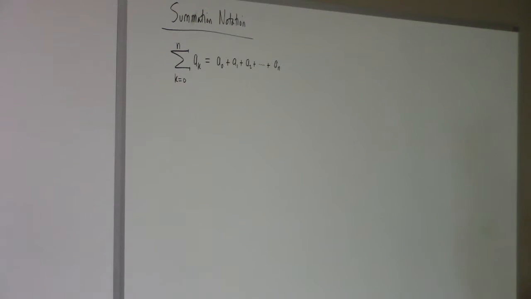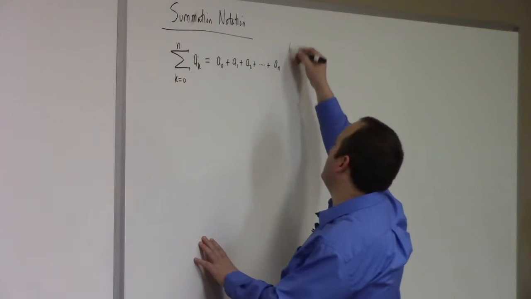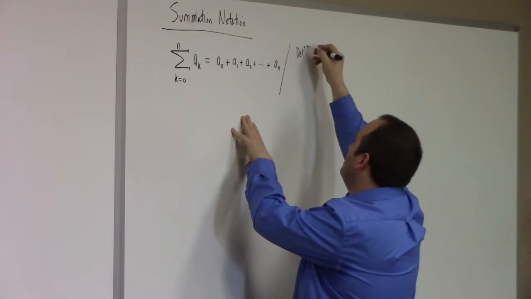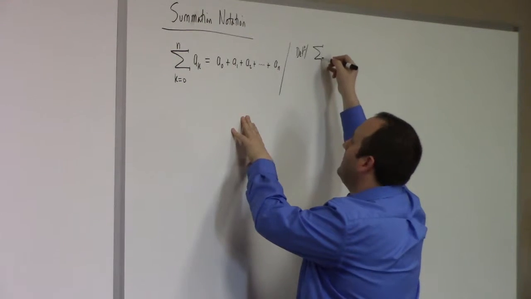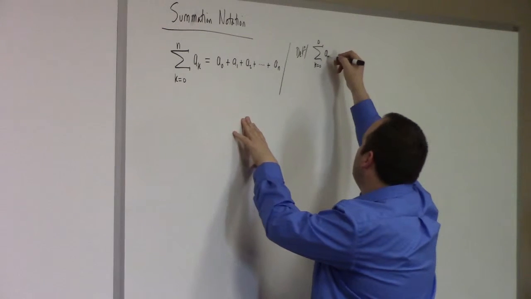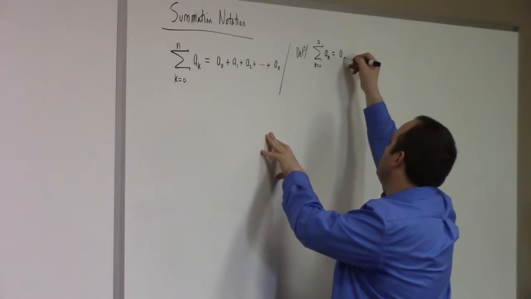You can use recursion. So, recursively, the definition is something like this. The sum k equals 0 to 0 of a sub k, well, that's just a sub 0.